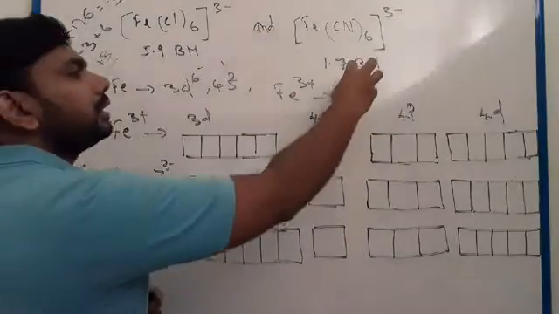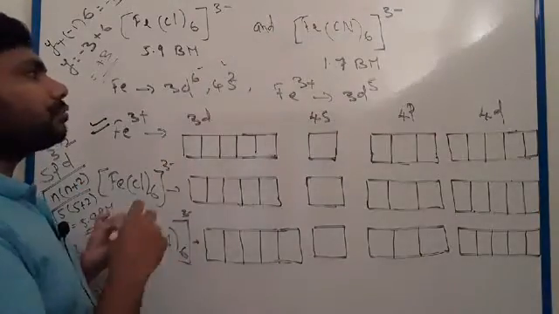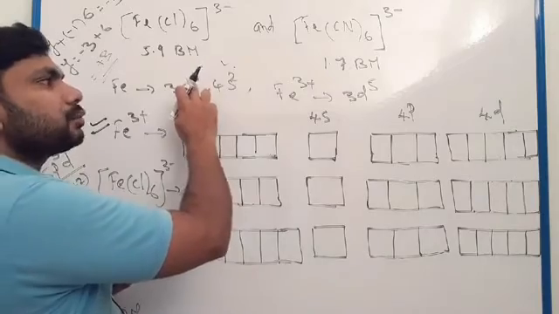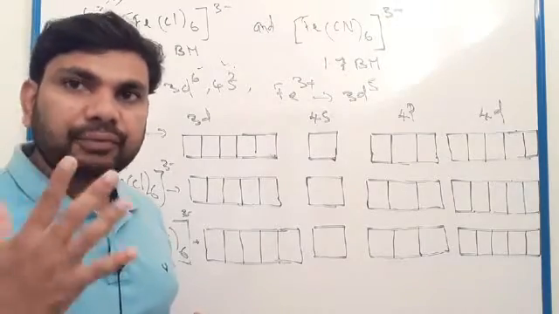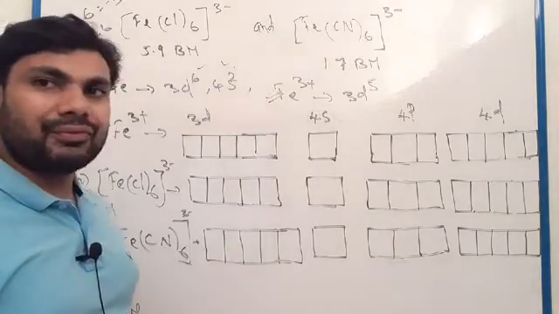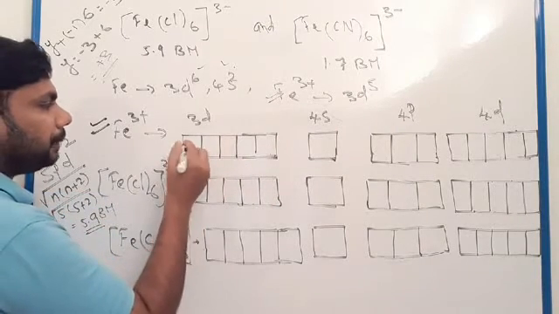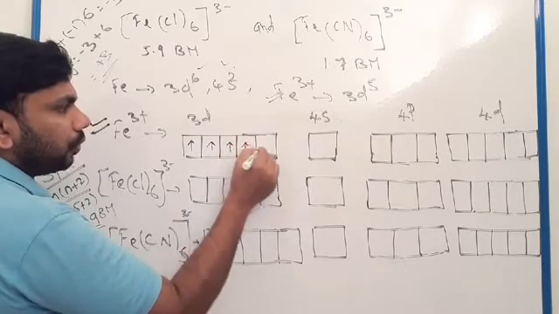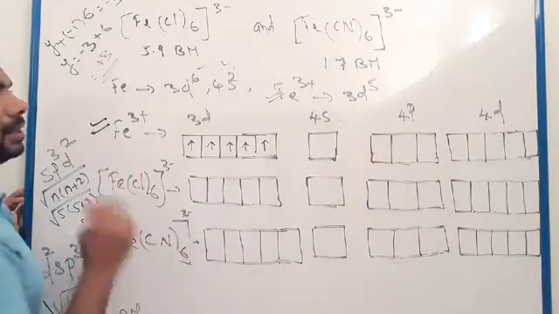After removing, 3d6 changes to 3d5. 3d5 4s0 is the outer electronic configuration of Fe3+. 3d5 means 1, 2, 3, 4, 5 electrons.